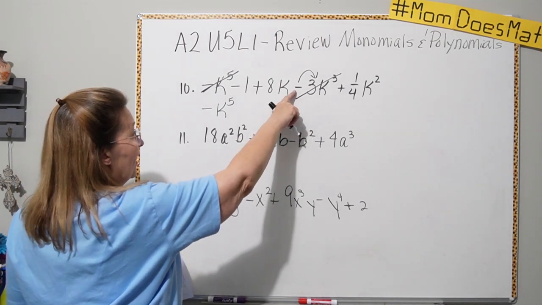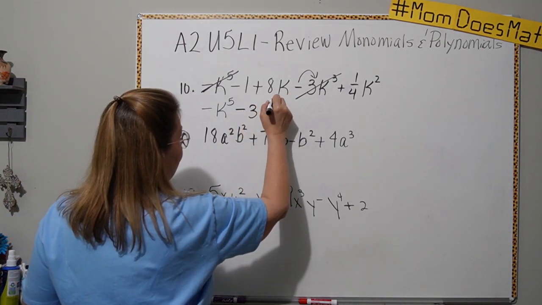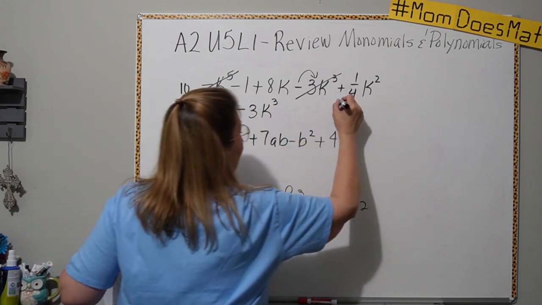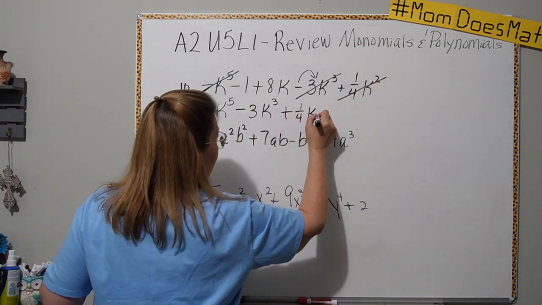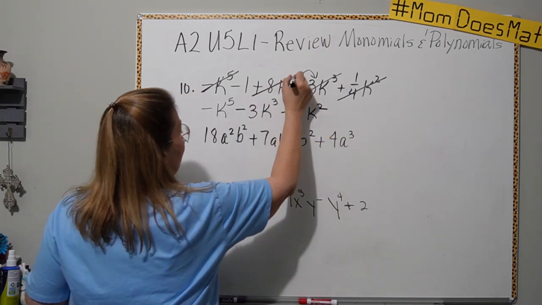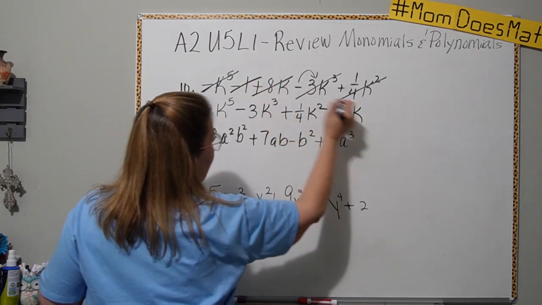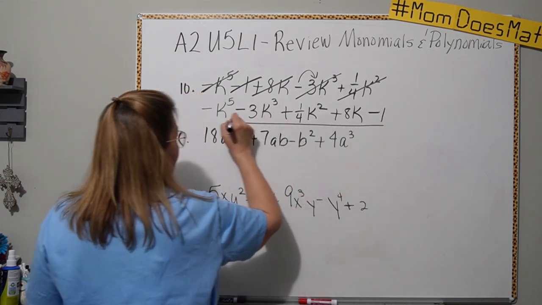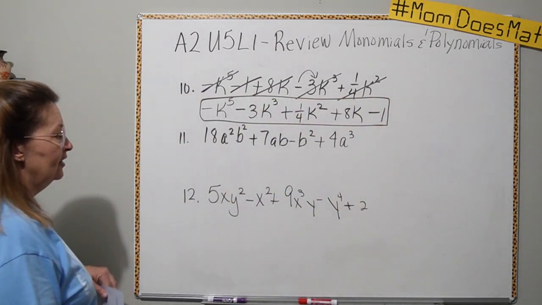So that minus belongs to that 3. So I'm going to have minus 3k to the 3rd. All right, the next thing is this plus 1/4 k to the 2nd. Then I have plus 8k minus 1. So that is standard form of that polynomial.